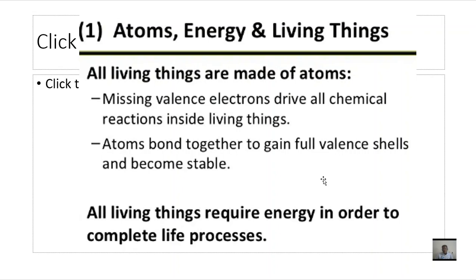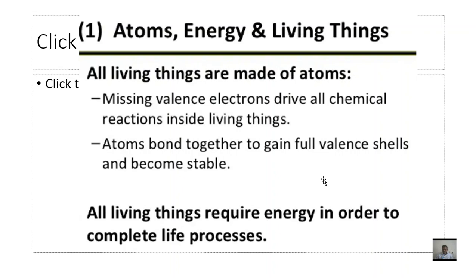In the first slide I'm going to explain about the atoms, energy of the atoms and the living things. All the living things are made up of atoms. In that atom, missing valency electrons drive all chemical reactions inside the living things.